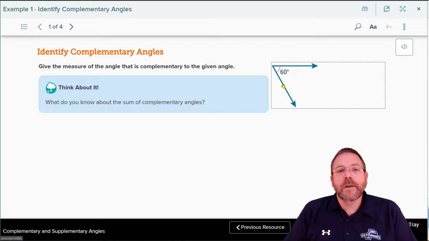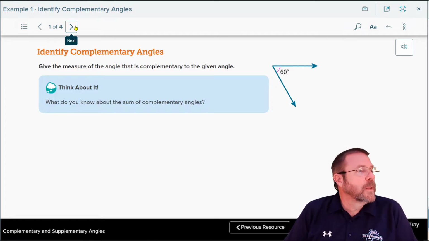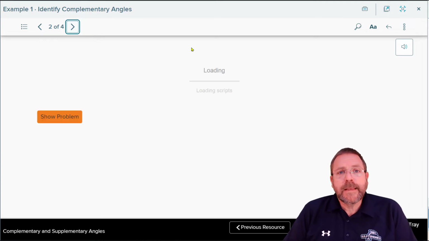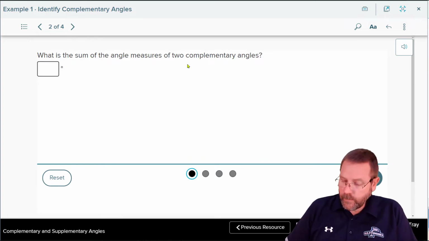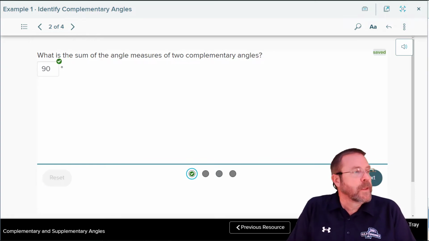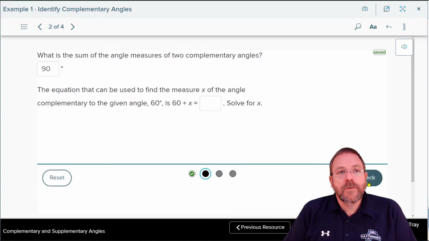So we have one angle that's equal to 60 degrees, and we want to know 60 plus what number is equal to 90? Well, that's obviously going to be 30, but we've got to be able to use big kid math to find it. So using that big kid math, what is the sum of the two measured complementary angles? That's going to be 90. So when you add them together, you get 90 degrees.